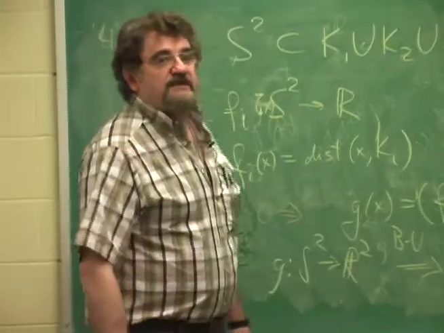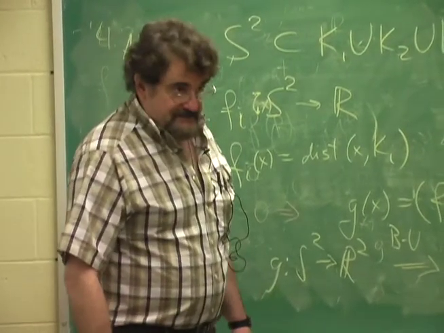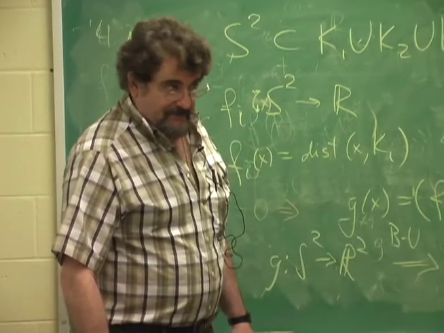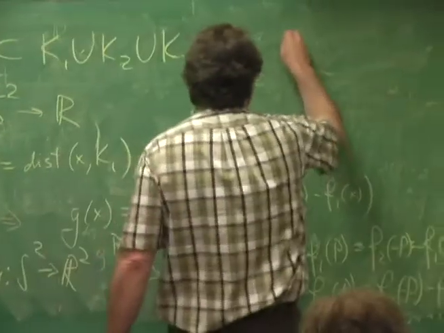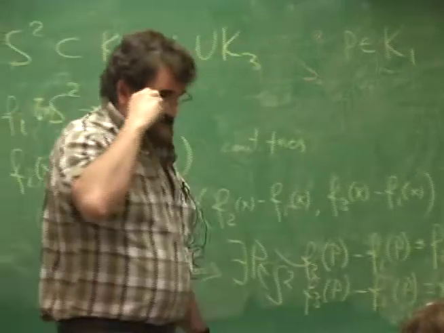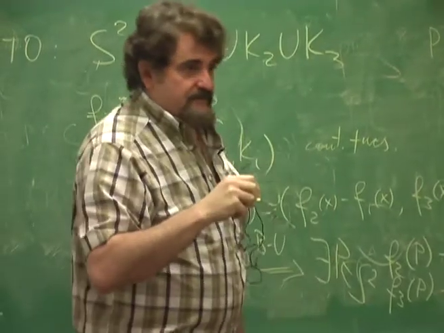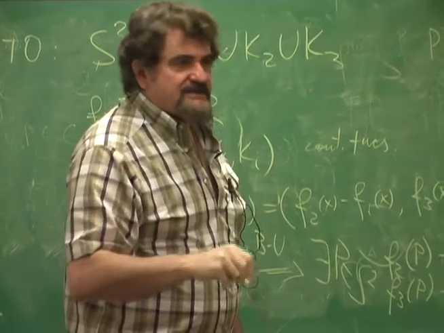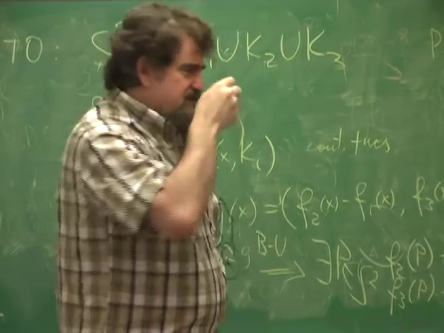But then P must be in one of these three guys. Let us assume that P is, say, in K1. It is in one of them. It doesn't matter which.